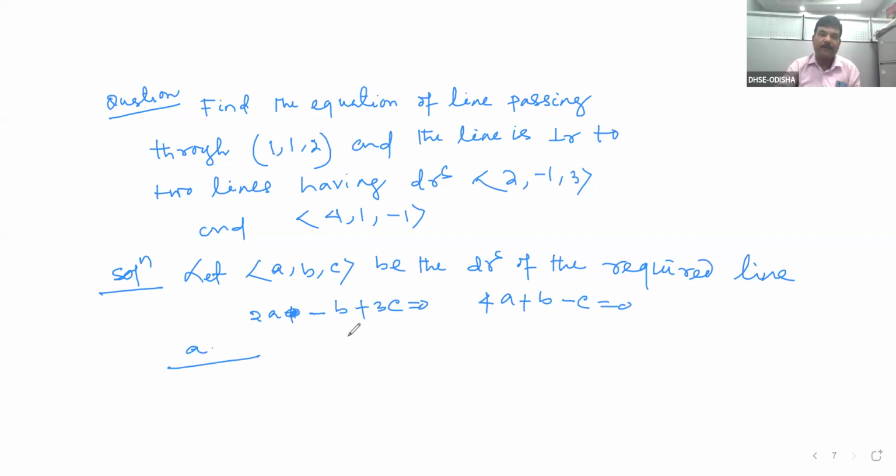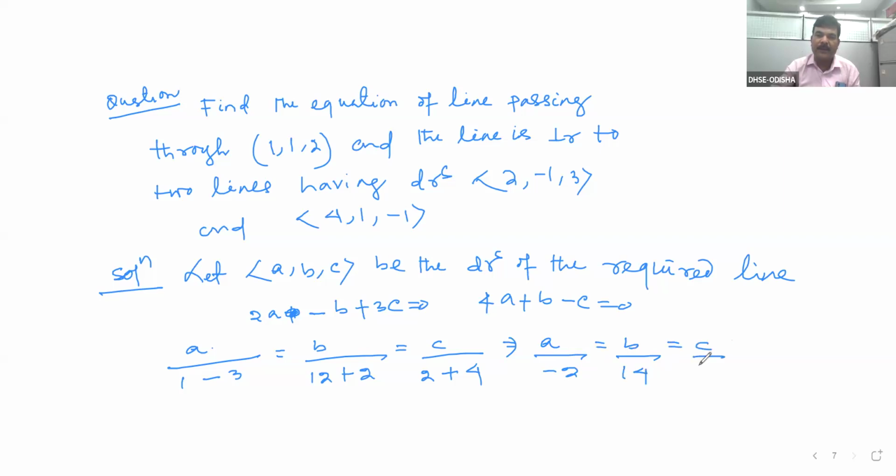A upon B1 C2 - B2 C1, that is 1 - 3 = -2, equals B upon C1 A2 - C2 A1, that is 12 + 2 = 14, equals C upon A1 B2 - A2 B1, that is 2 - (-4) = 6. So A upon -2 = B upon 14 = C upon 6.